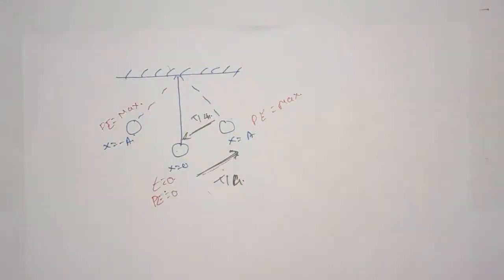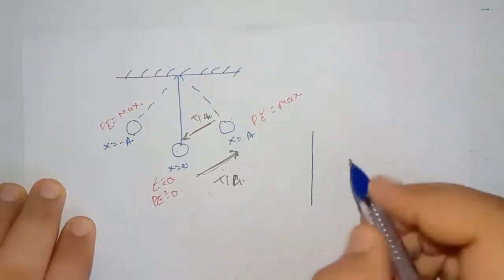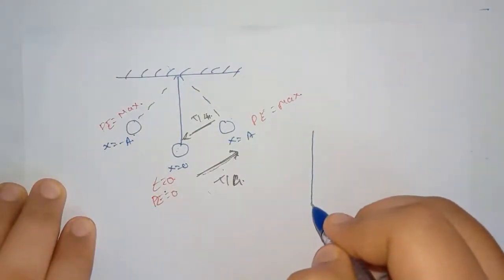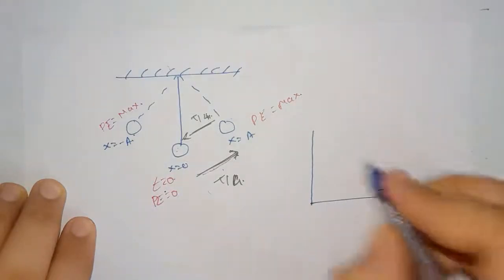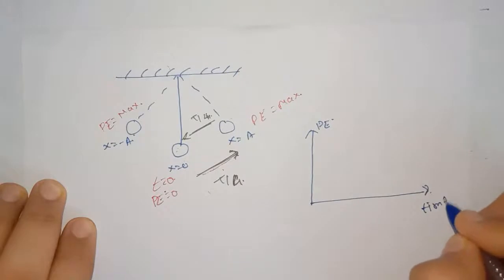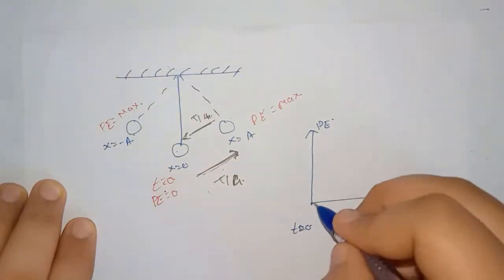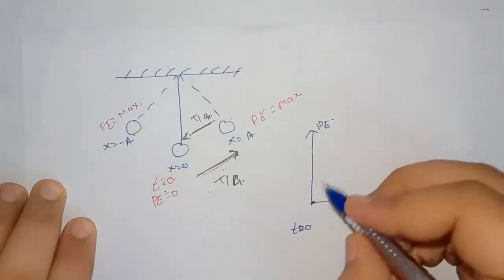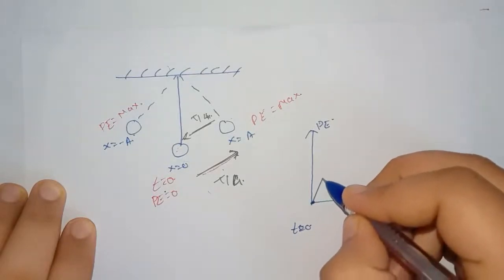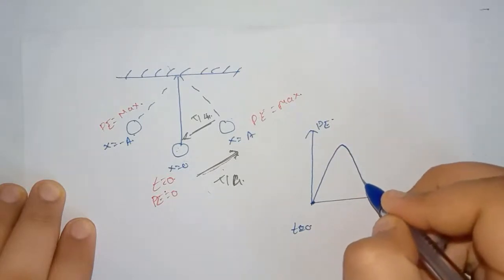So if we draw the graph of potential energy versus time, then at t equals 0, the potential energy is 0. Then it will increase up to maximum height and again it will be 0.